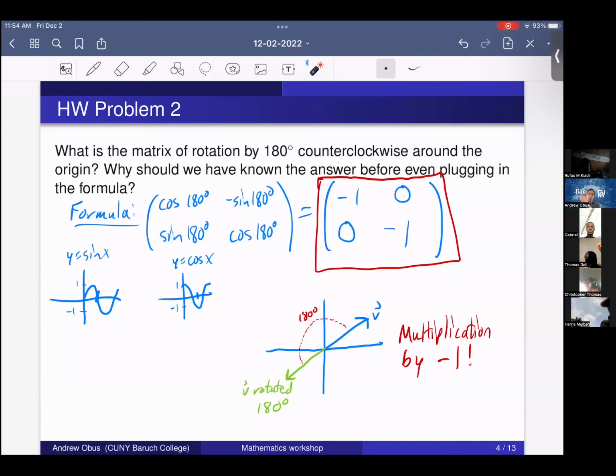If we look back at the notes from November 11th, we saw that this matrix multiplies a vector by -1. Is it clear? Any questions about this example?